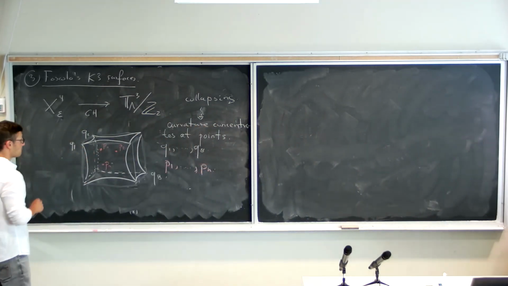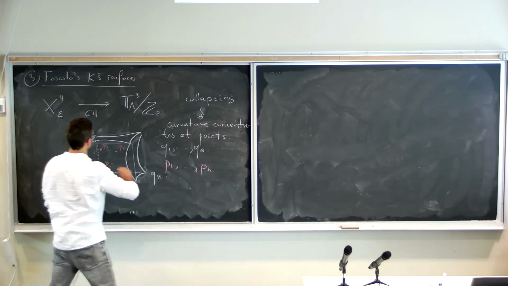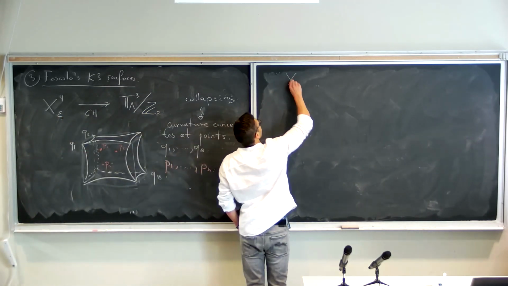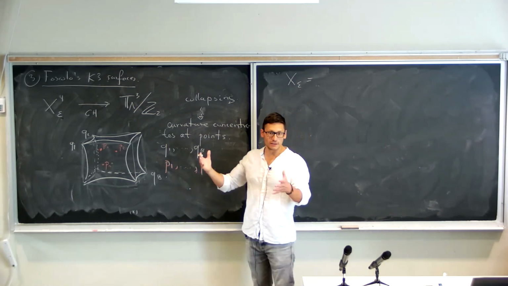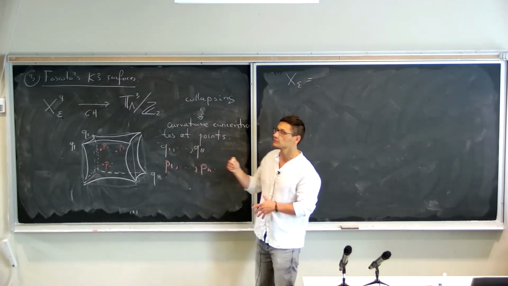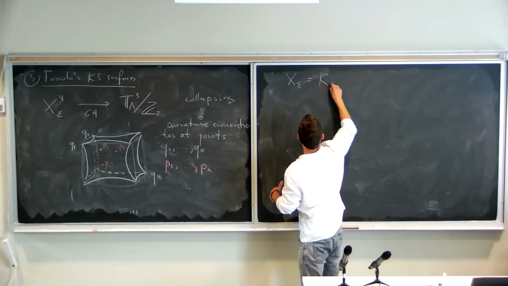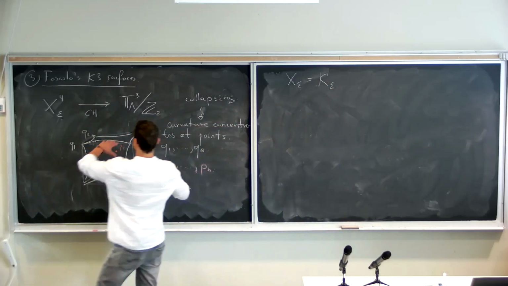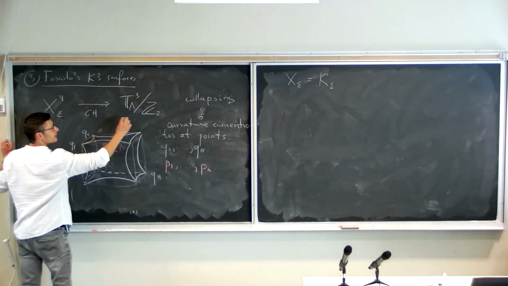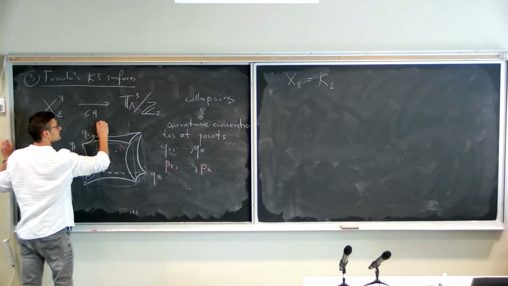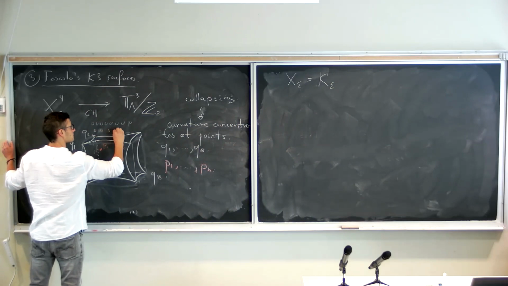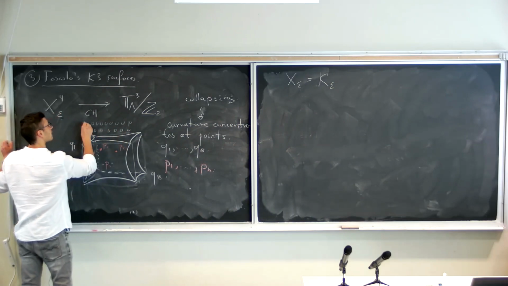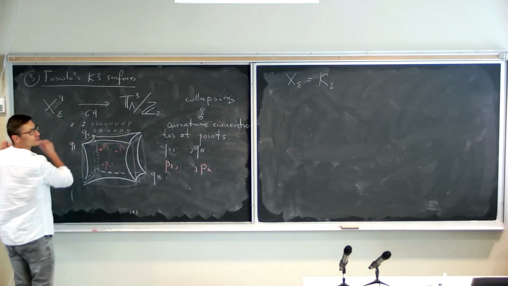Okay, so now this X epsilon, you can decompose it into the region away from the curvature concentration, which is a big region, K epsilon. Basically, you can think of this K epsilon as a circle fibration away from these points, where the size of the circles is epsilon.